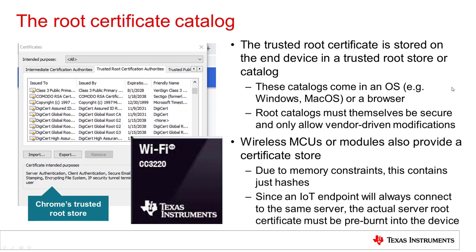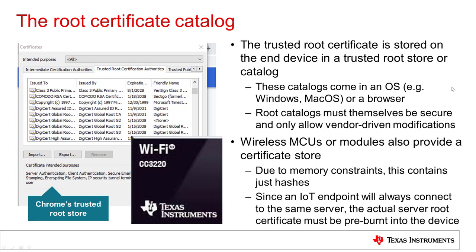As you can imagine, these root catalogs must be very secure and only allow modifications from approved vendors, which in the case of, say, Windows would be Microsoft, because you don't want a third party to be able to put bogus root certificates into the catalog. Now, wireless MCUs, such as the Texas Instruments CC3220, will also have a certificate store, as would wireless modules.